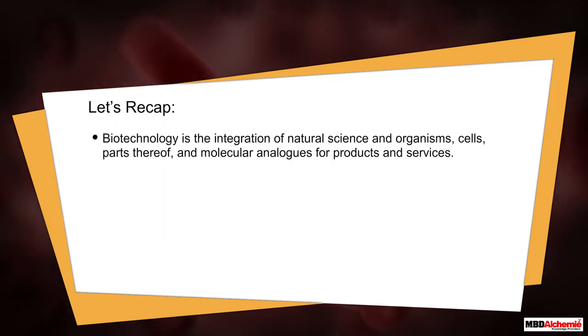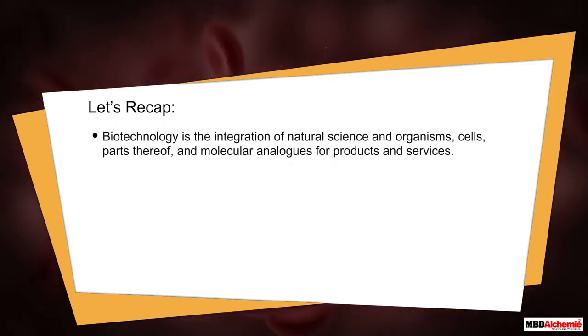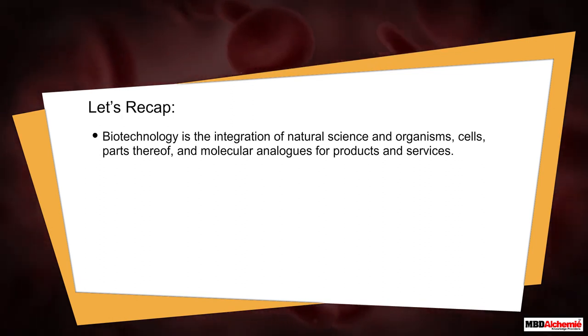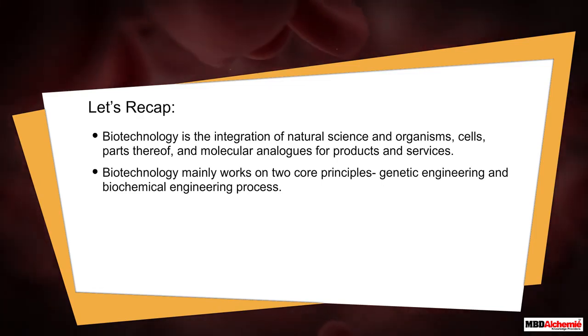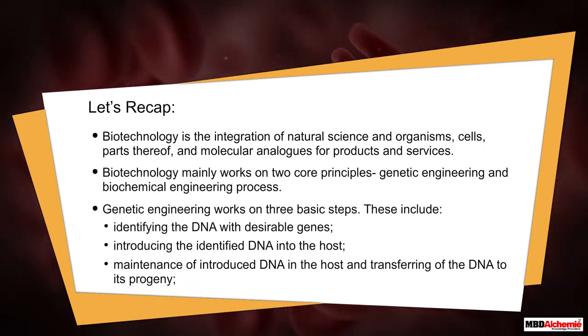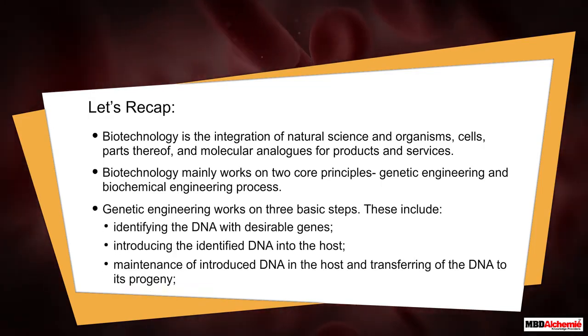Let's recap. Biotechnology is the integration of natural science and organisms, cells, parts thereof, and molecular analogues for products and services. Biotechnology mainly works on two core principles: genetic engineering and biochemical engineering process. Genetic engineering works on three basic steps.